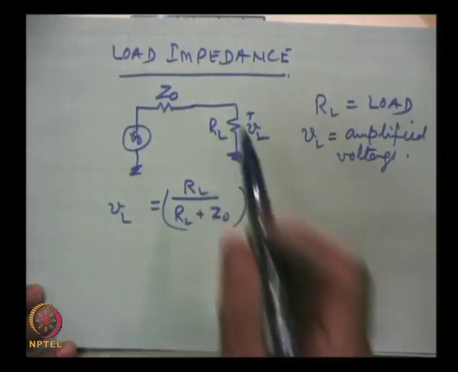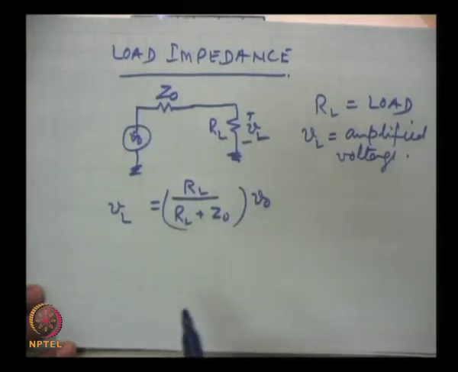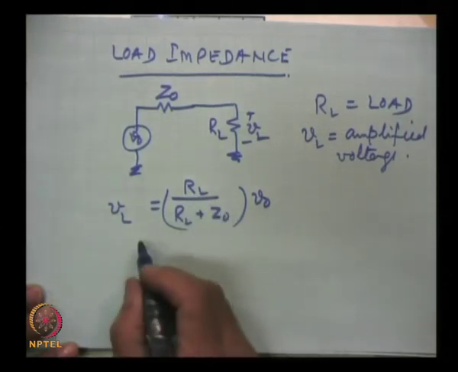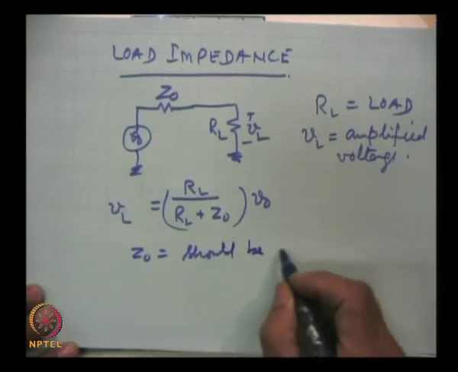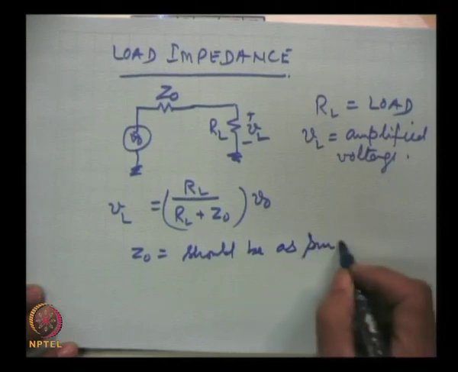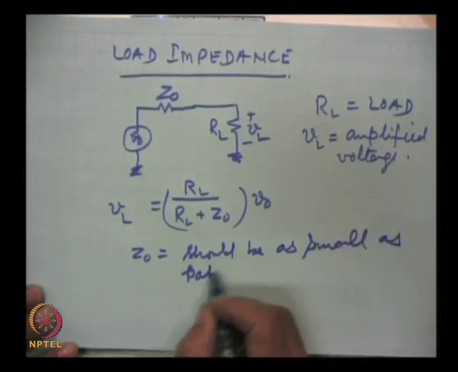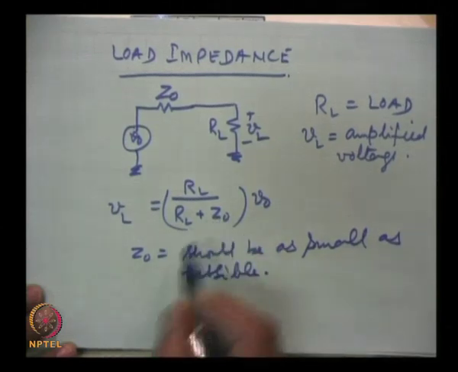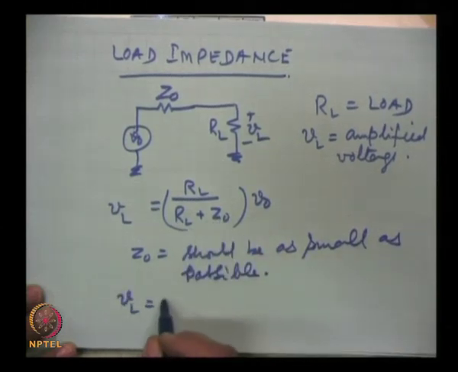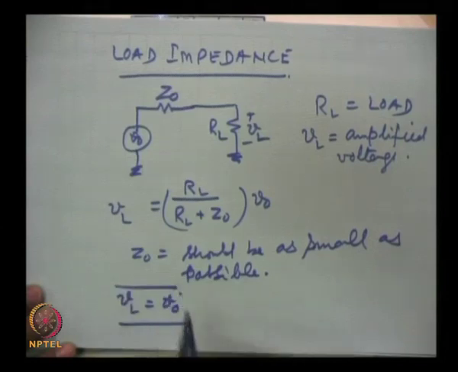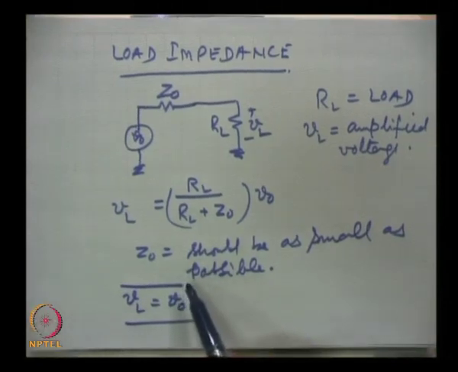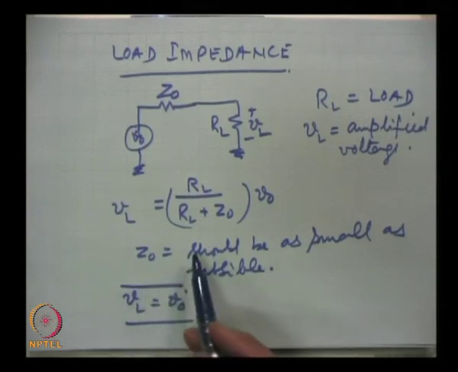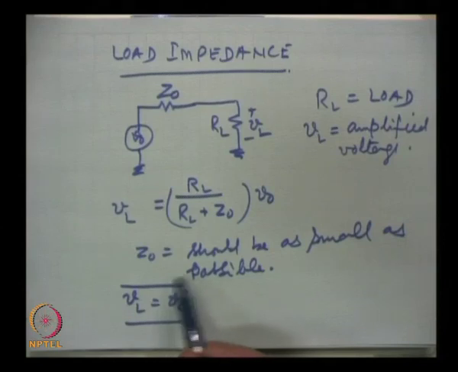Now, there should not be loss of voltage. This will require that Z 0 should be as small as possible. Only then V L will be equal to V 0. So, this is the justification for the statement which we have been making, that the output impedance of a voltage amplifier should be low.